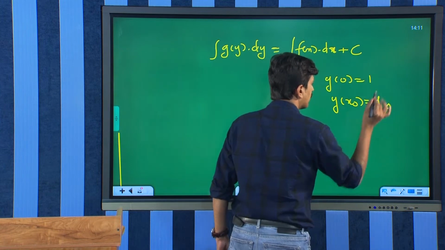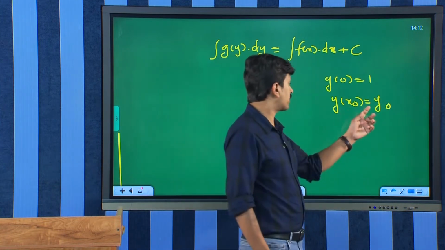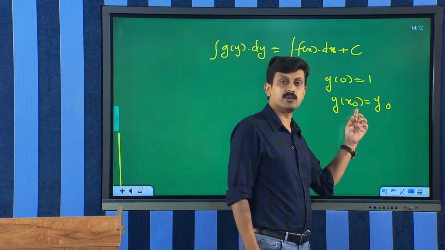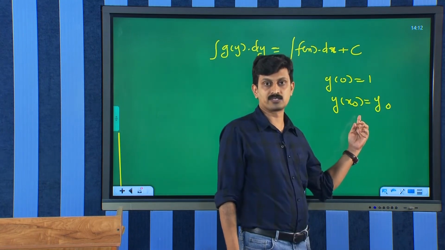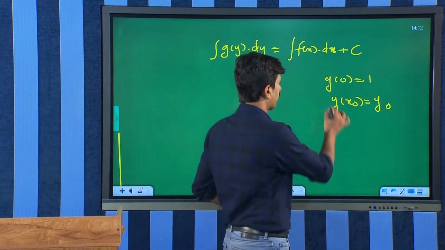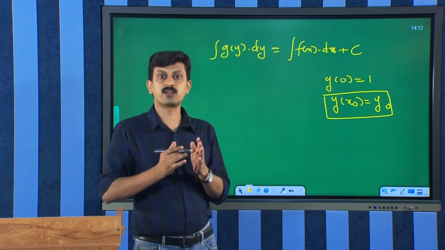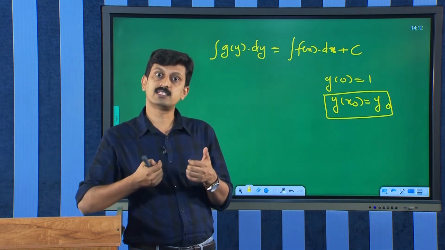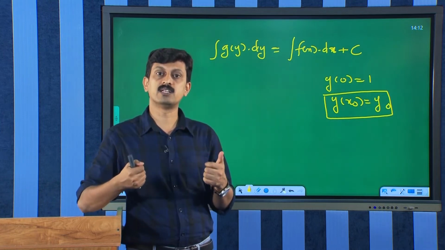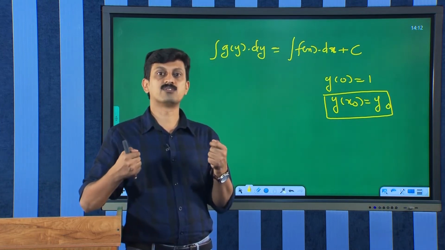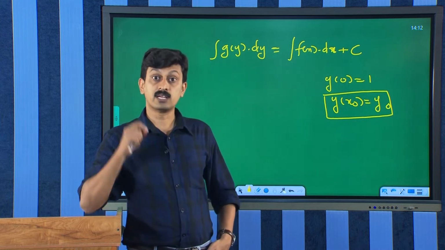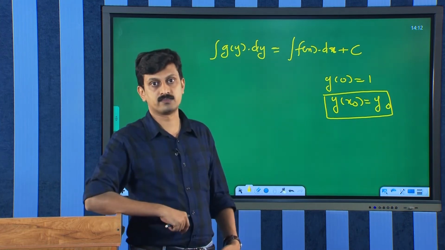This is the value of y when x is equal to the initial point of the domain x naught. If we apply this value to the solution, we will get a particular value for c. In that case, we will get a single, unique solution, which is called the particular solution corresponding to that initial value problem.